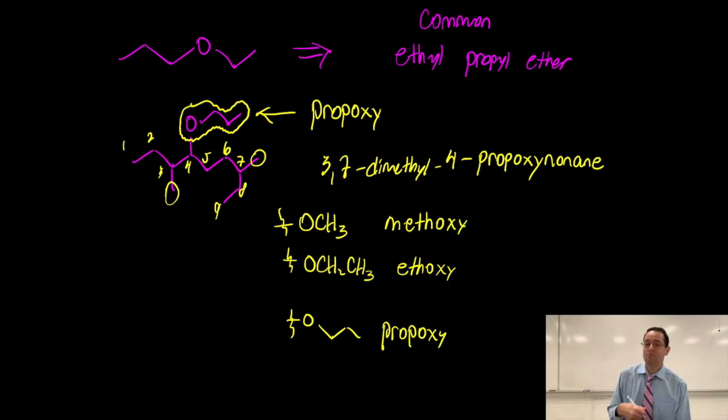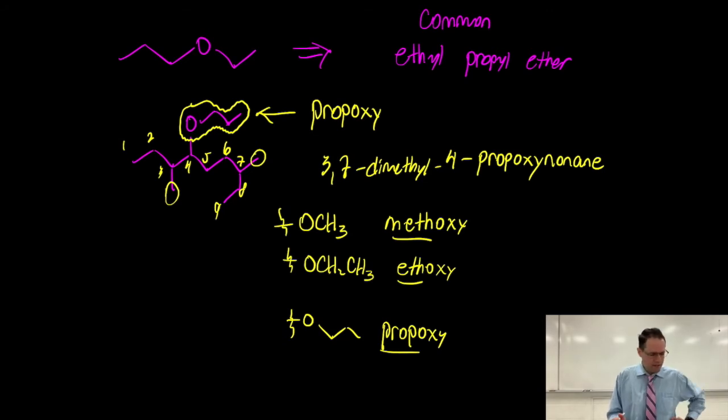Okay. Butoxy, pentoxy, hexoxy, you know. Okay? So meth, eth, prop, and you just add the oxy for that oxygen. So I think you've got the basic idea here, how to name very simple symmetrical, unsymmetrical, and more complicated ethers.